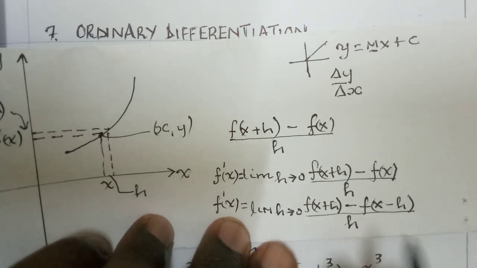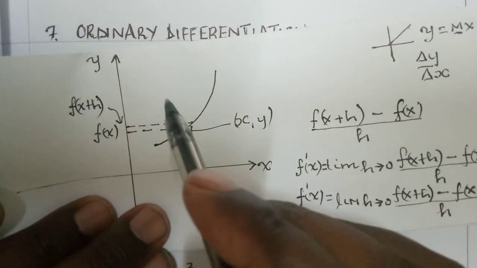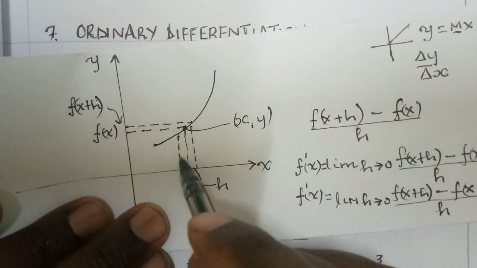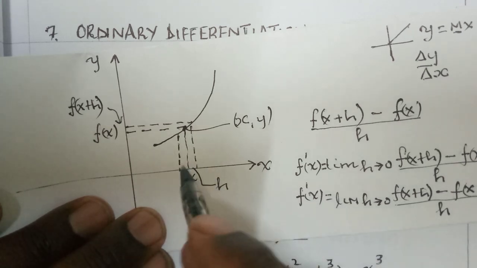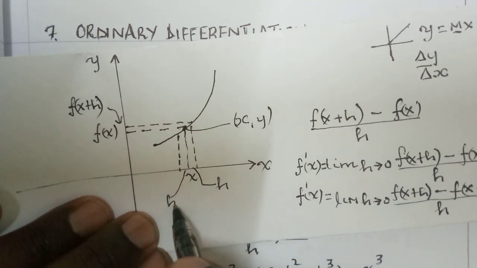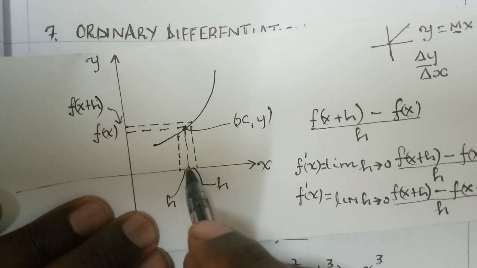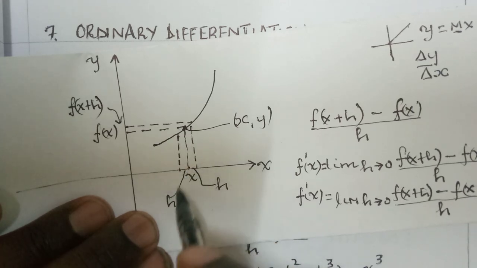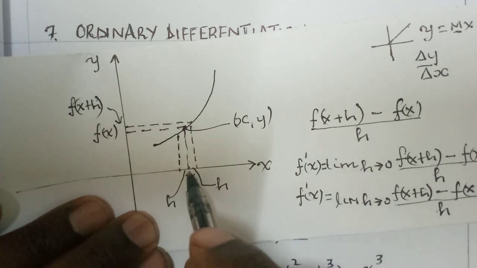This one comes about if you consider this other point on the other side, where we move the same small change of h in the negative direction, or to the left.